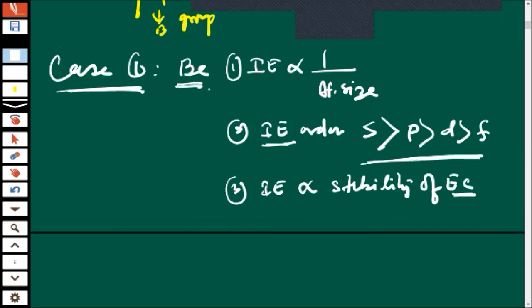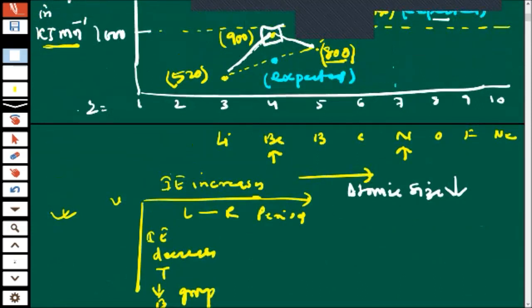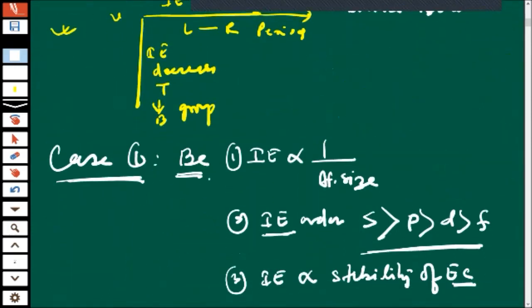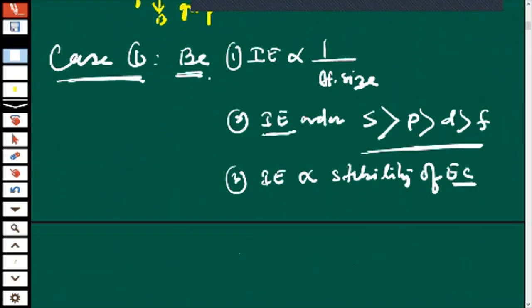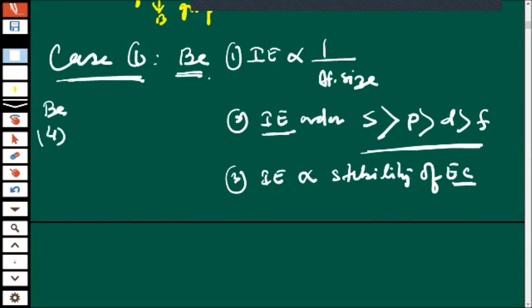So see children, what is happening here? When we are writing the electronic configuration of beryllium: hydrogen, helium, lithium, beryllium. So beryllium is having 4 electrons. This is 1s and this is 2s: 1s2, 2s2.